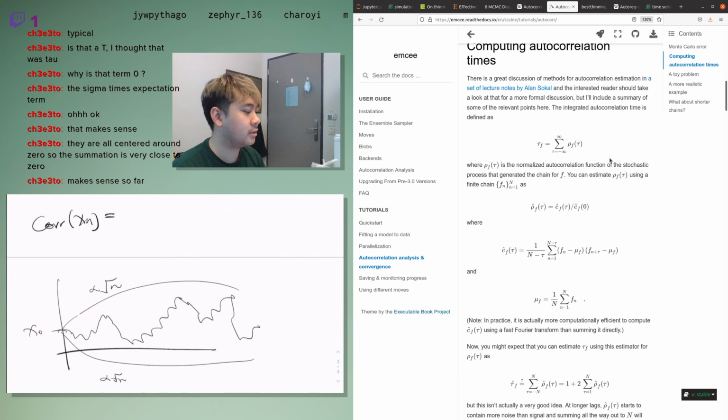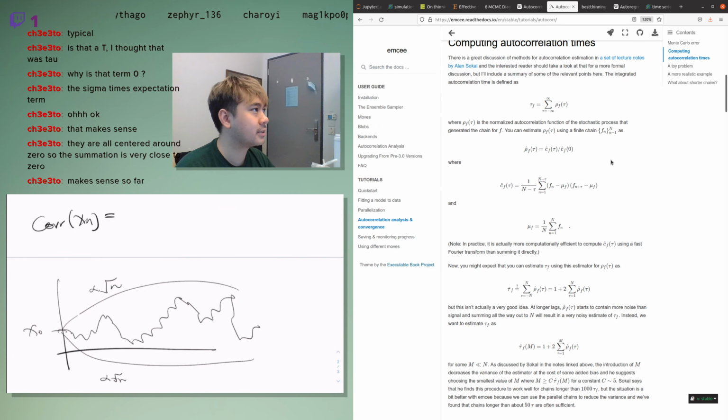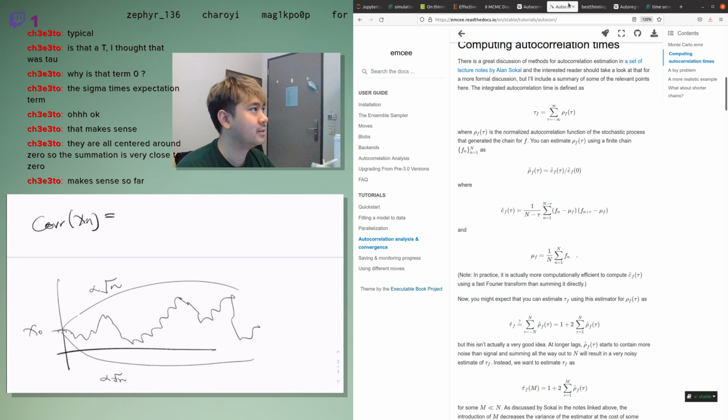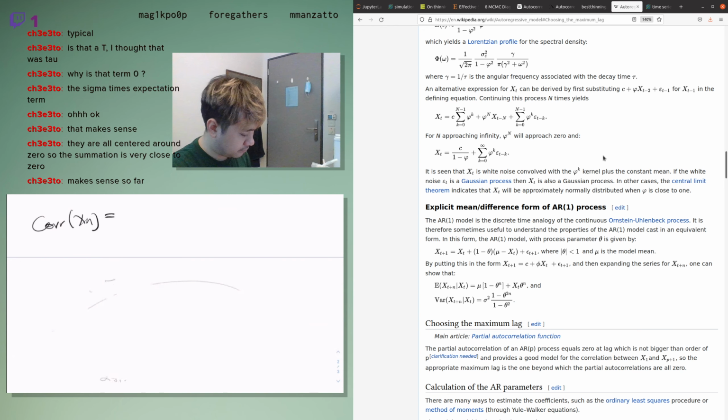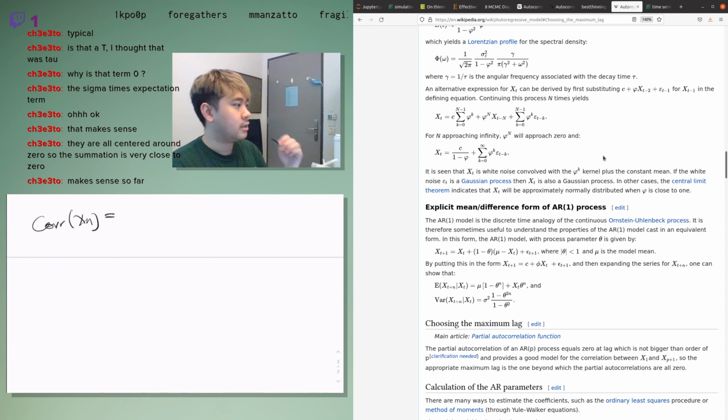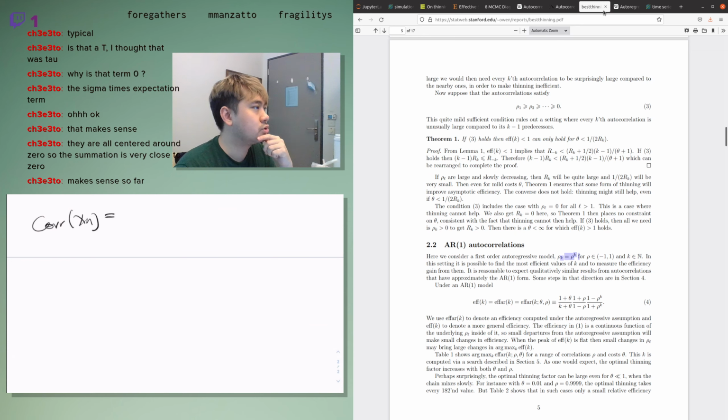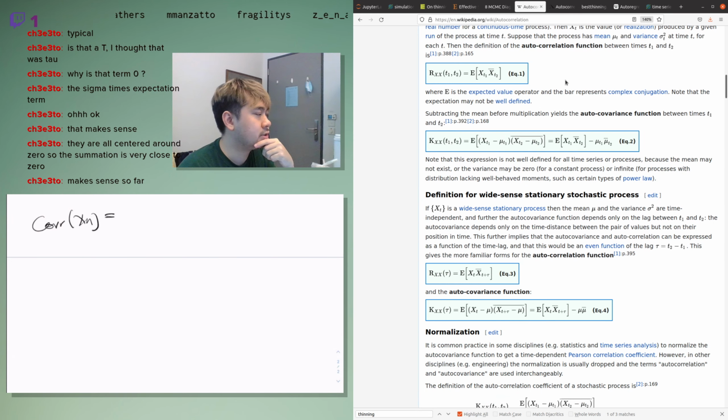Okay, so far I guess I can understand chapter 1 and 2 of a basic stochastic process. Okay, let's get rid of this. And so what I want to do is to get the autocorrelation at a lag.